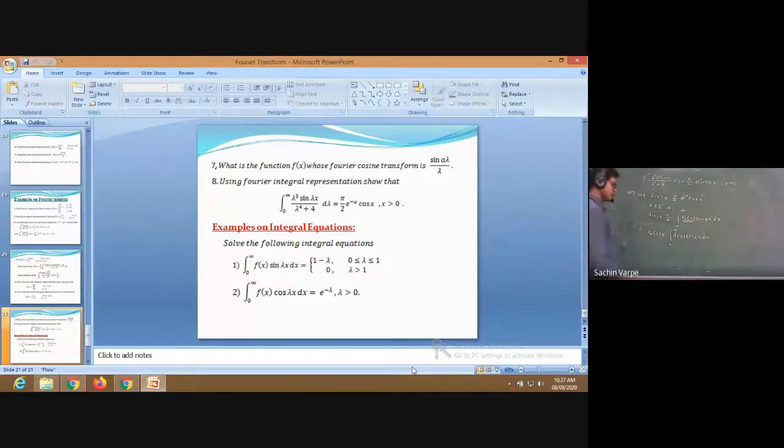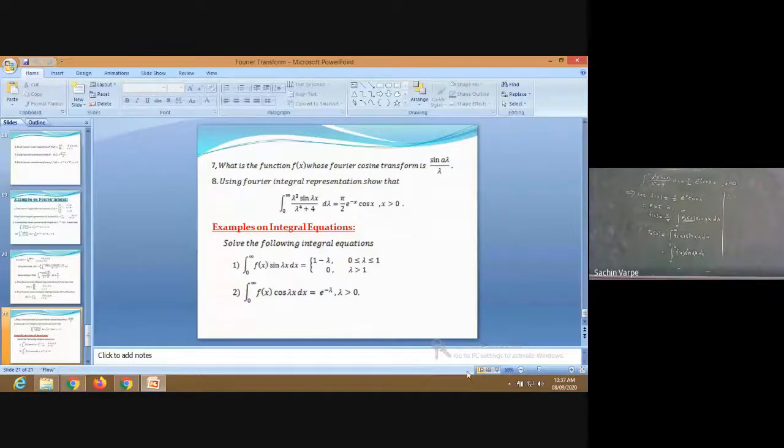And we are interchanging the variable of integration for our convenience, because the given function is in terms of x. Therefore, 0 to infinity f of x sine of lambda x dx. Please ask if you are not getting any of this step. You can ask your doubts. So let us substitute f of x into this.